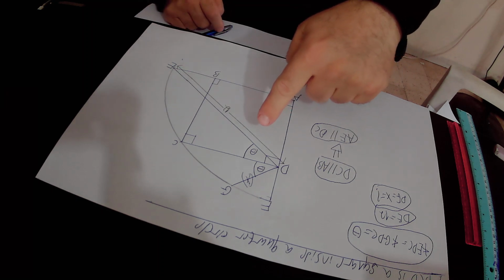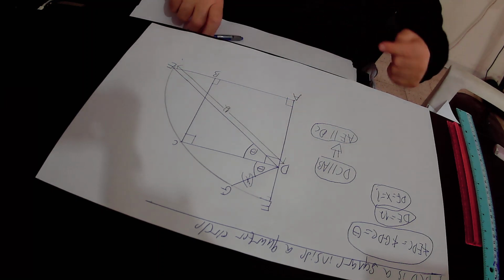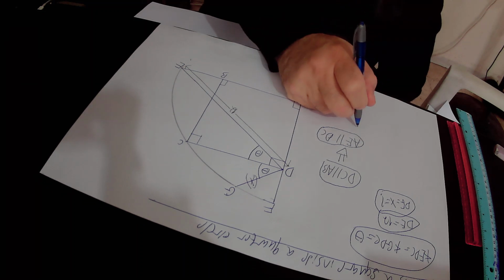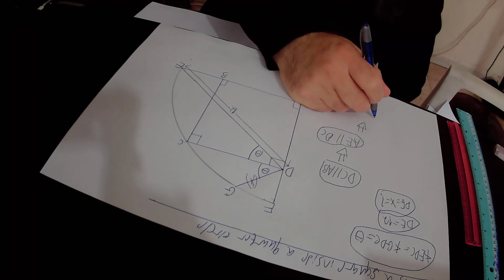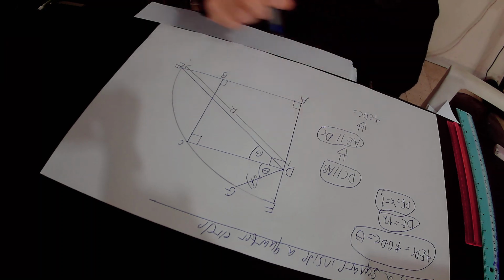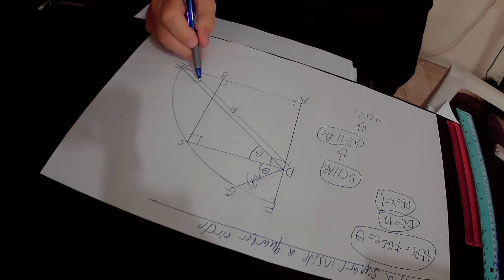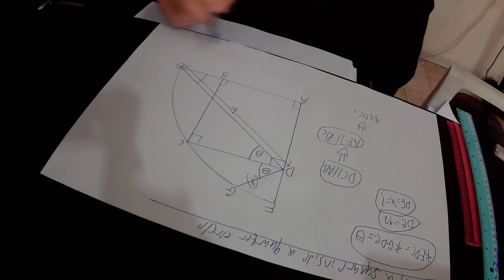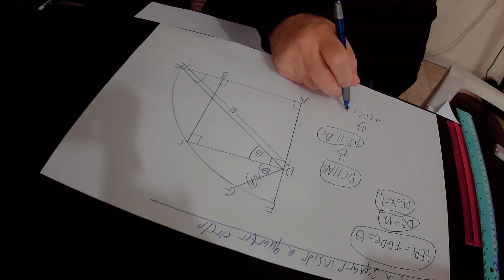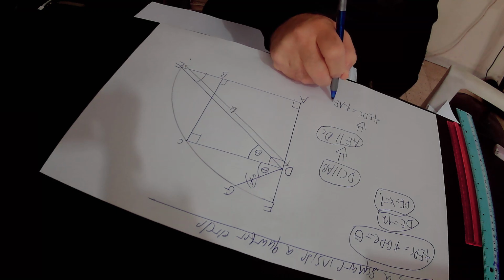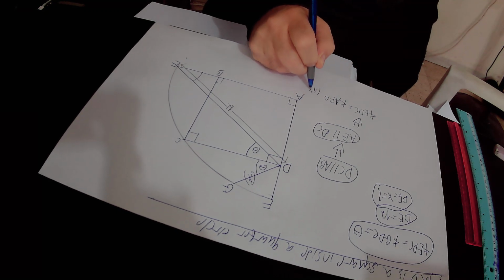So this is angle EDC, and it is equal to this angle, that is actually angle AED. They are equal to each other according to rule 15.